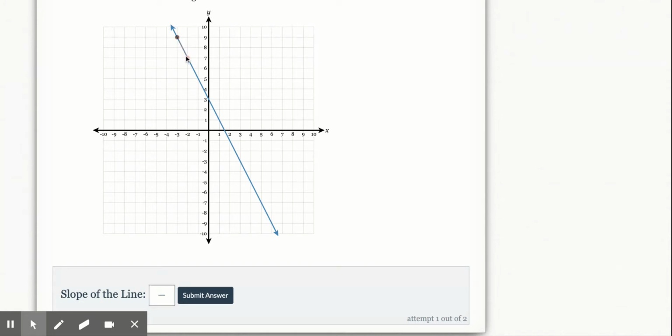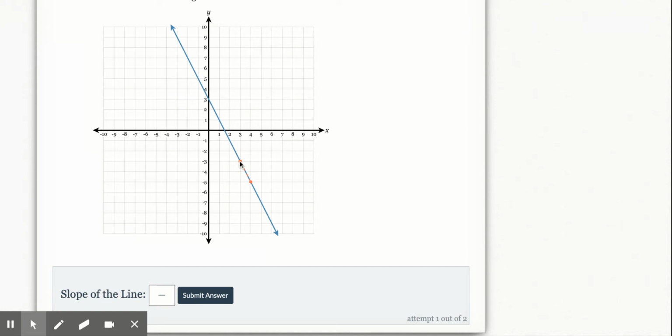I'm going to look at where I can click nicely on points where I have a vertical grid line, a horizontal grid line, and my line goes right through that intersection. So those are all those points, and I want to pick 2 that are right next to each other. So I'm going to use these 2 right here.